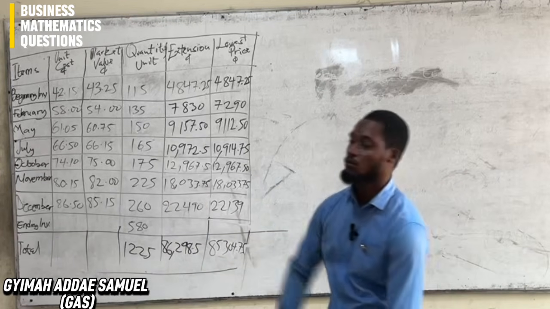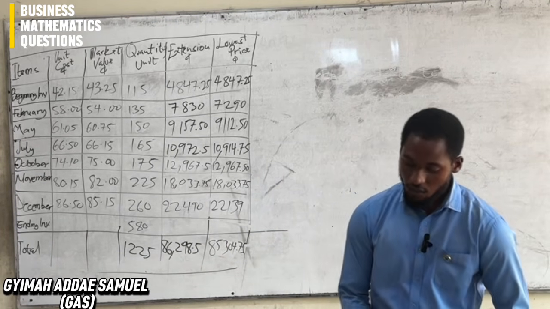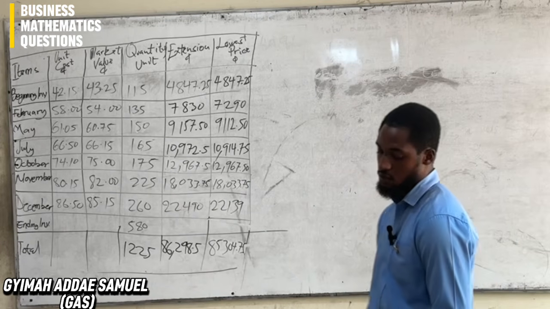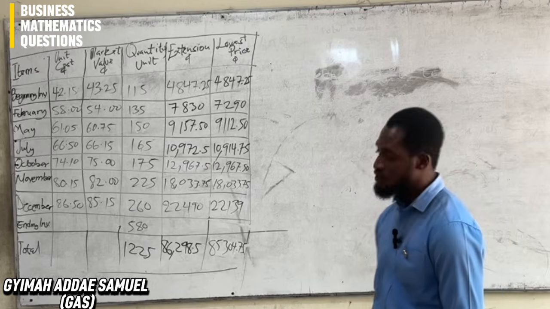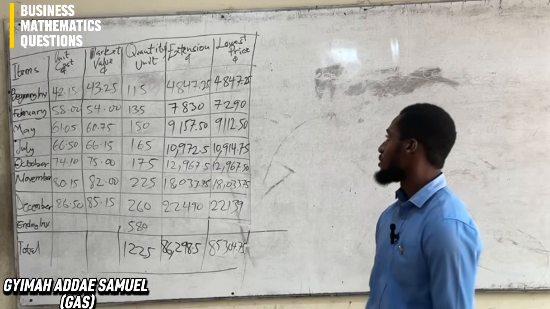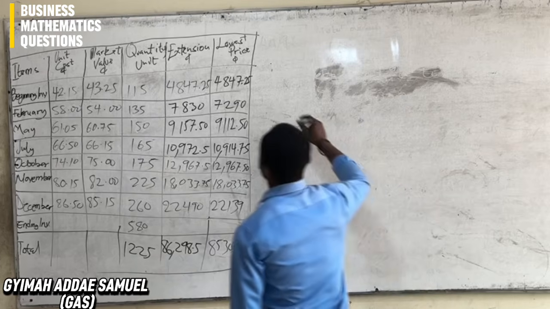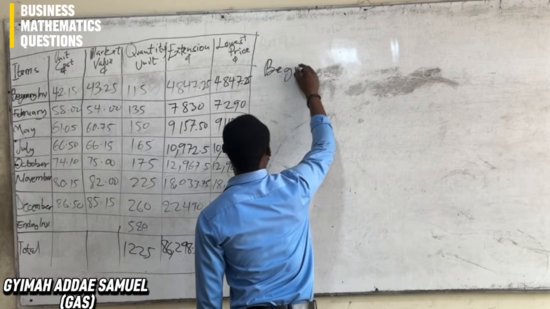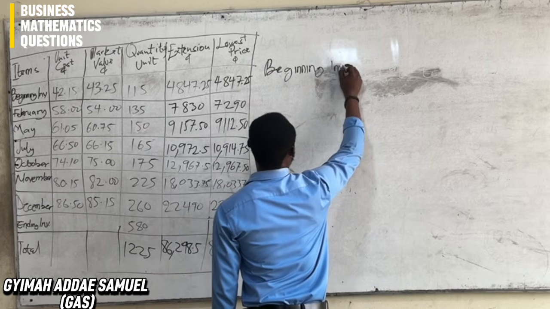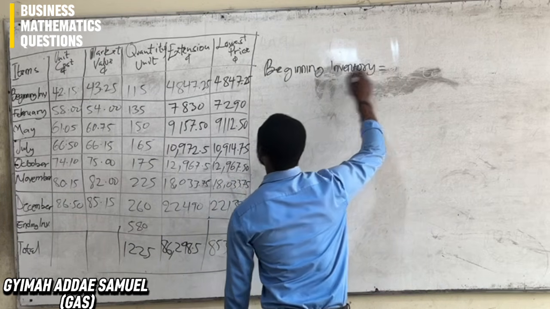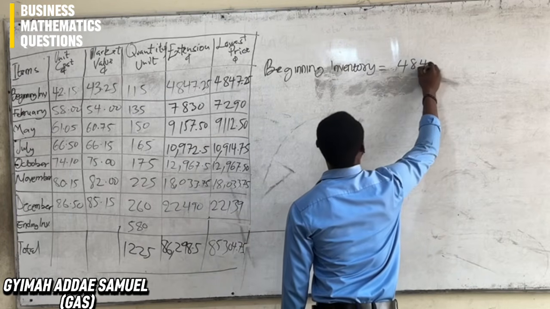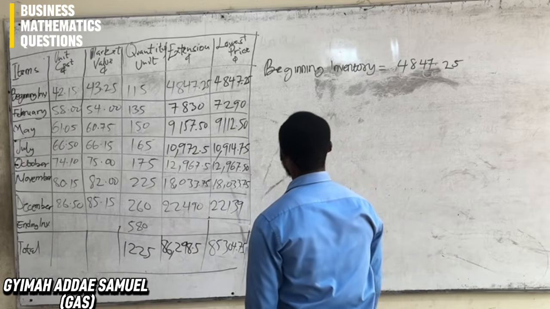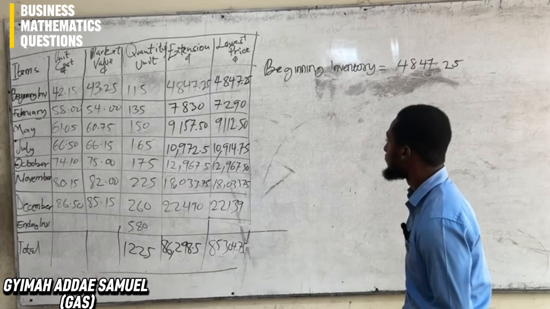So with question 17, for the beginning inventory, you multiply your quantity unit by your unit cost, and as we've done here, the beginning inventory is 4,847.25.